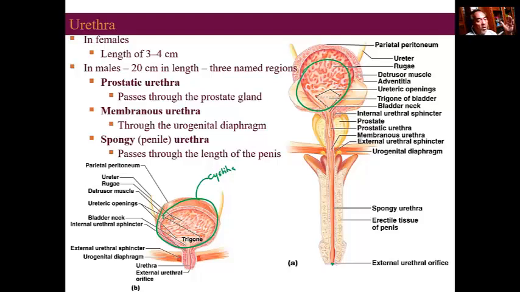The urethra is only about 3 to 4 centimeters compared to the male, which is longer. And what is the other opening surrounding the urethral orifice? It's the anal canal.